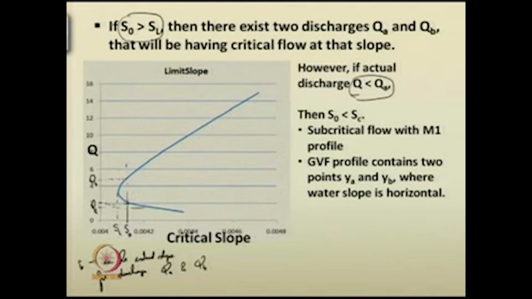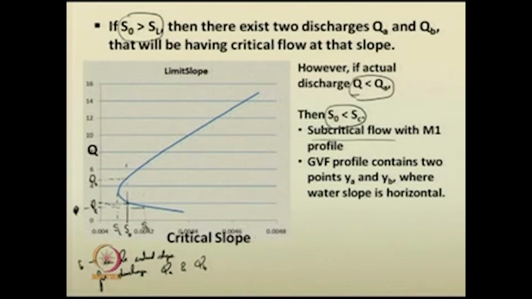Say somewhere here, this is some actual Q value, and this is some particular slope S. For that Q, the critical slope SC is at this location, but the actual bed slope is S0. So, S0 in such a situation is less than the critical slope. Therefore, again the subcritical flow with M1 profile will exist.